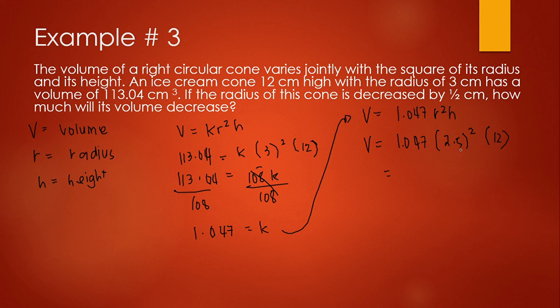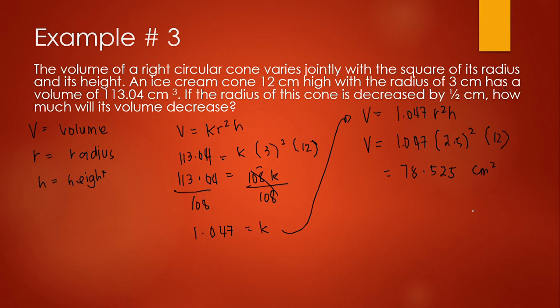When you plug it in, the value would be 78.525 cubic centimeter. Remember, just plug it in right to your calculator. You type 1.047 times 2.5 squared. Do not forget to put parentheses on it and then times 12.